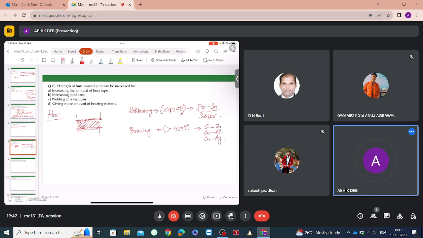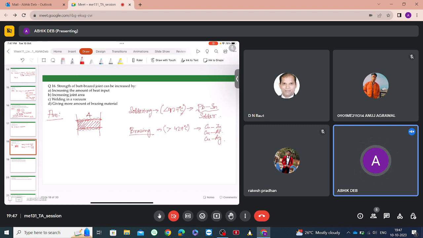Now, in brazing, see, this is this much area. If we increase the surface area, then more area of both base metal pieces will be in contact with the filler material, right? So that will increase the strength of the joint.